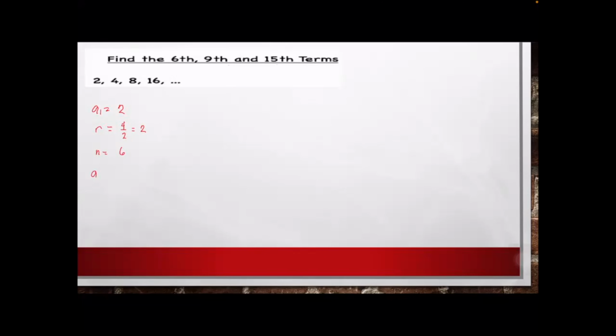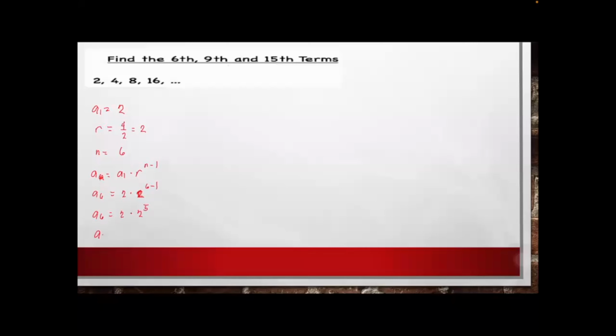So we have a sub n is equal to a sub 1 times r raised to n minus 1. So this will be a sub 6 is equal to 2 times 2 raised to 6 minus 1. 6 minus 1 is 5.